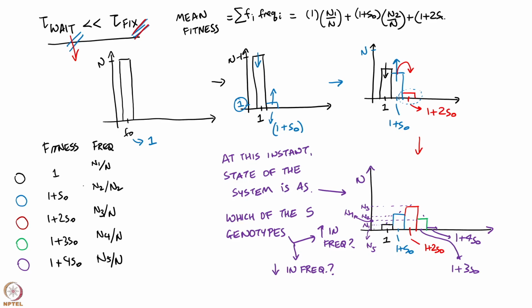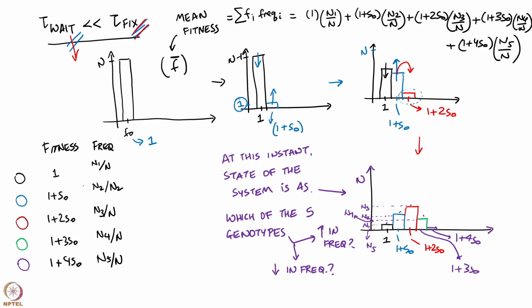This is for the third genotype, its fitness times its frequency, N3 by N. Fourth is its fitness times N4 by N, and the last genotype is 1 plus 4S naught times N5 upon N. This quantity is F bar, the mean fitness of the culture at this particular instant in time.